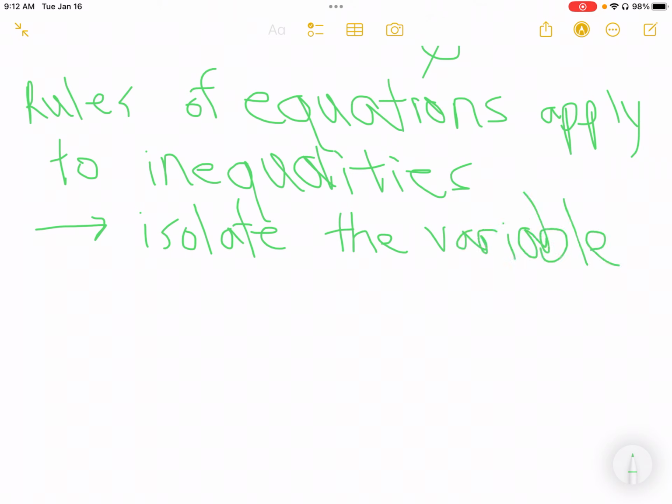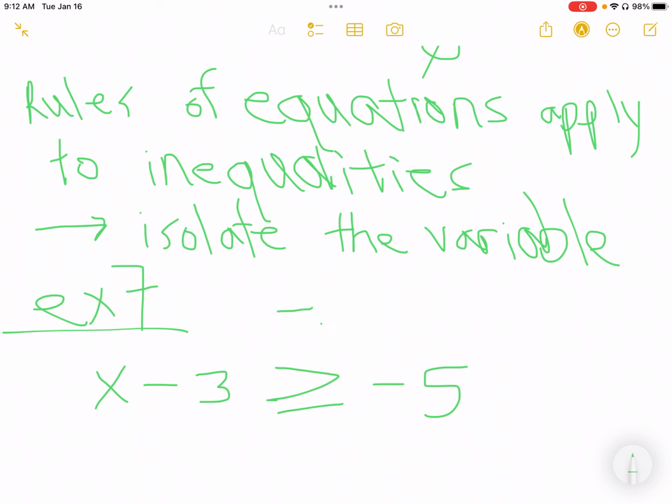So let's go to my example here, and I think you'll see that it's pretty straightforward. I have x minus 3 is greater than or equal to minus 5. Just pretend I had an equal sign here.